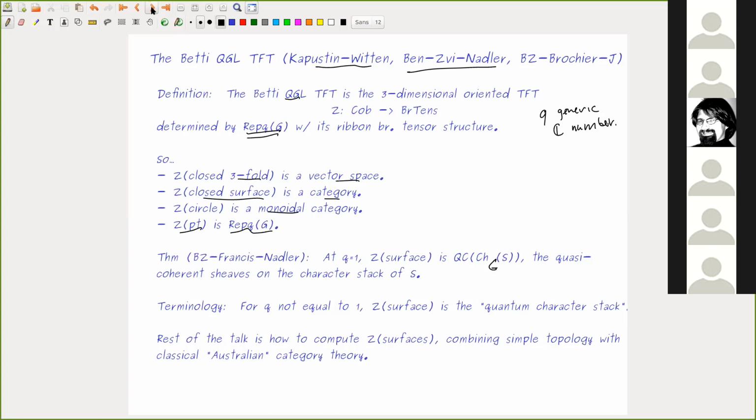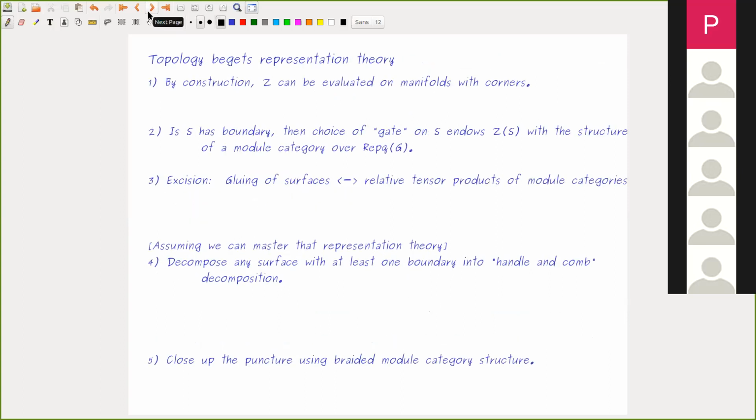All right. So I want to give you some sense for how you do computations here. And let me start with the topology. Because we have a fully extended TFT, we're allowed to do computations on manifolds with corners.